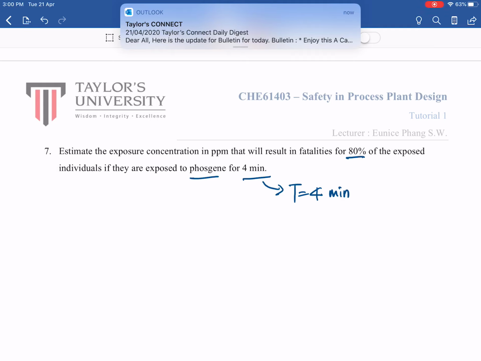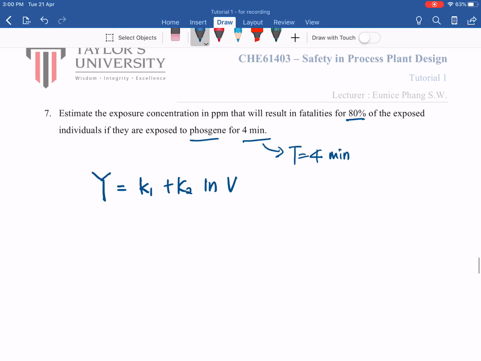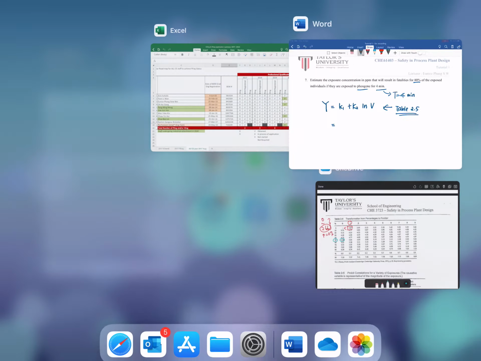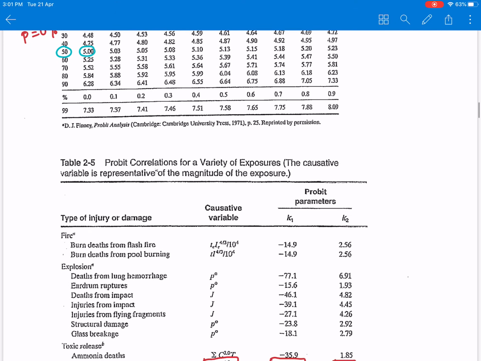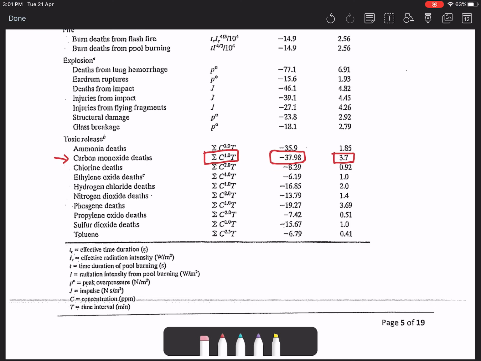So again, go back to the same probit equation, Y equals K1 plus K2 ln V. Now go back to Table 2.5 to find out the K1 and K2 values. For phosphine, we have it here.